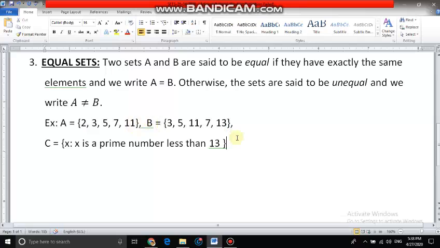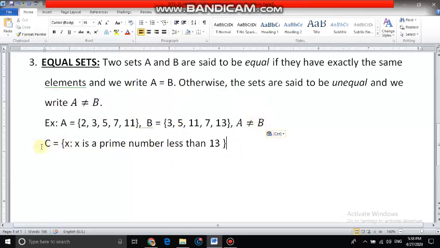But still I cannot say A equals B, because 2 is an element of A, but there is no 2 in B, and 13 is in B, and there is no 13 in A. So A has a different element and B has a different element, hence A is not equals to B.